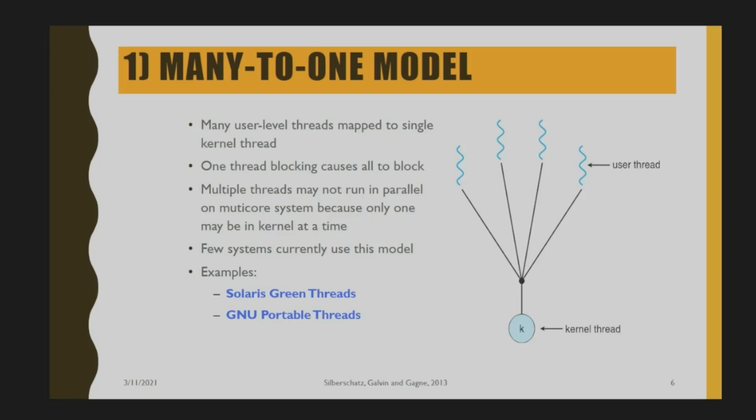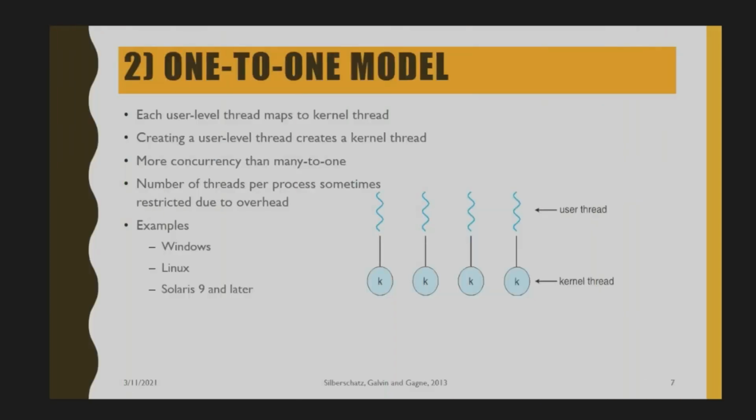Next part, we have the one to one model. In this model, we have a user thread that has a relationship with a kernel thread.